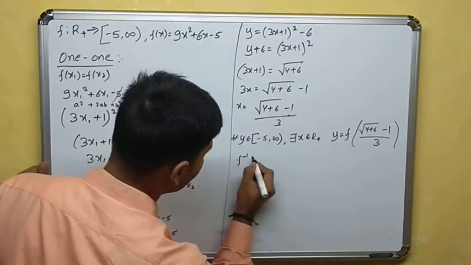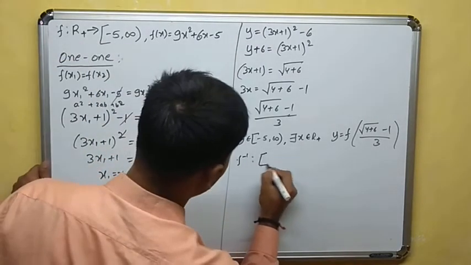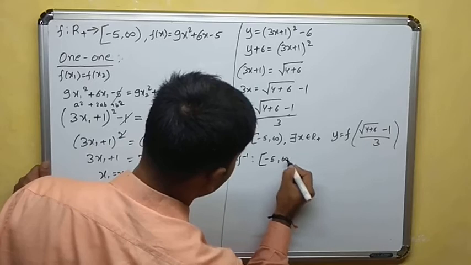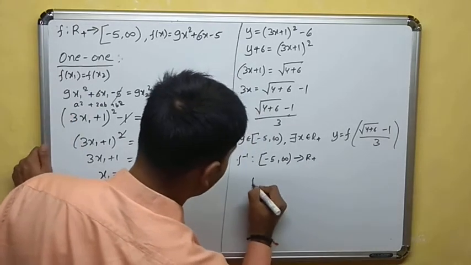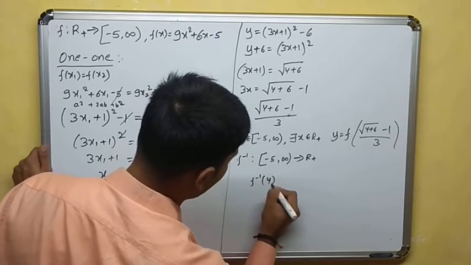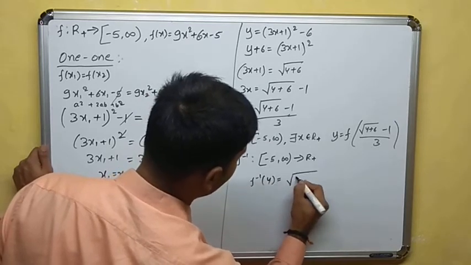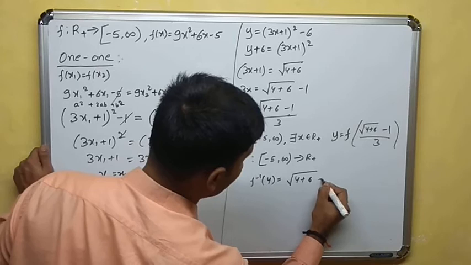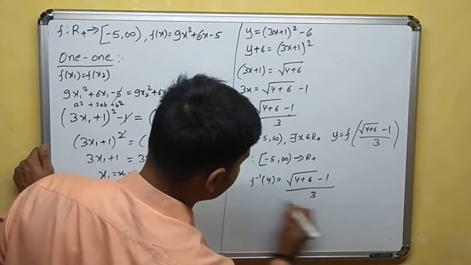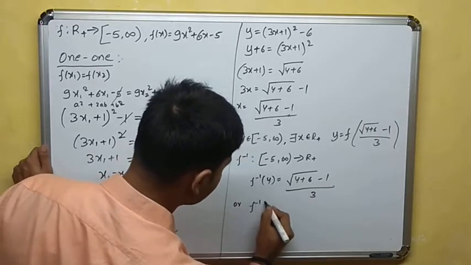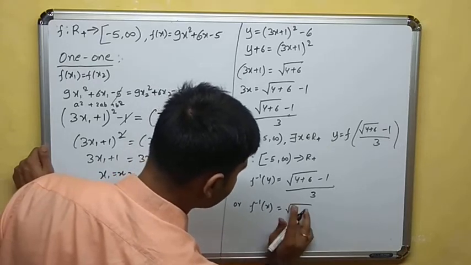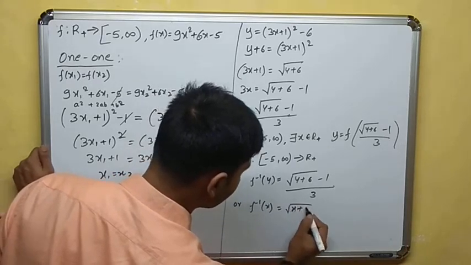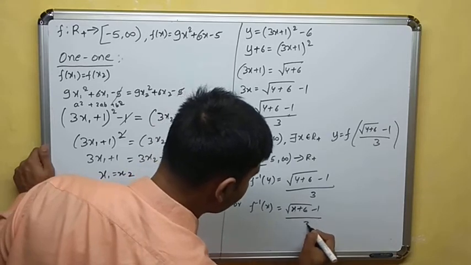Therefore f inverse is a function from [-5, infinity) to R+, defined as f inverse of y is equal to (√(y + 6) − 1)/3, or f inverse of x is equal to (√(x + 6) − 1)/3.